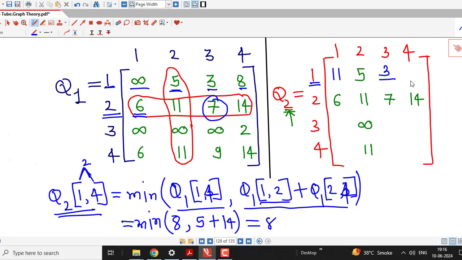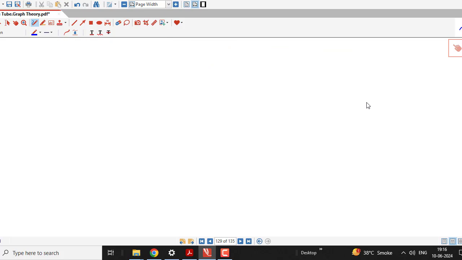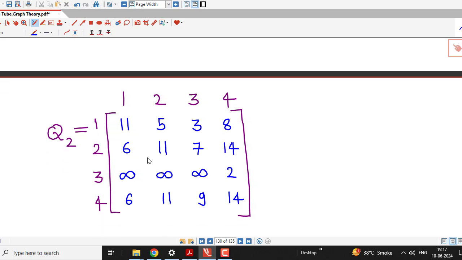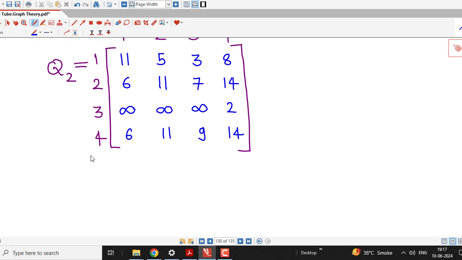So this entry is 8, and I have written all the entries of q2 by using this formula. We can verify these entries which we have obtained: 11, 5, 3 and 8. You can verify all these entries by doing the calculations which I have done here.